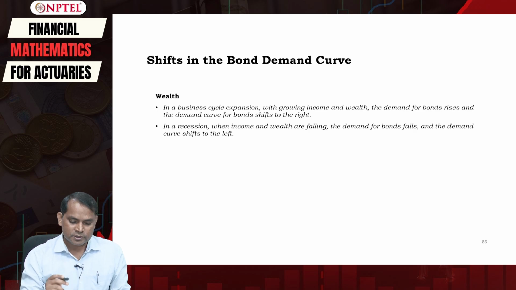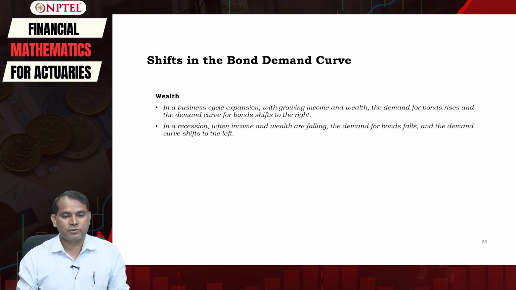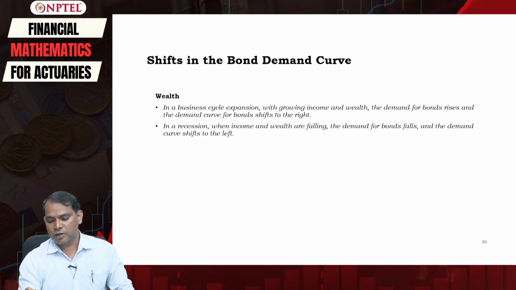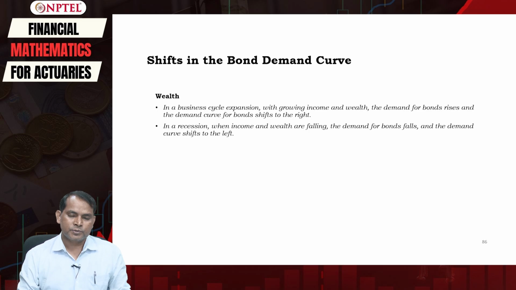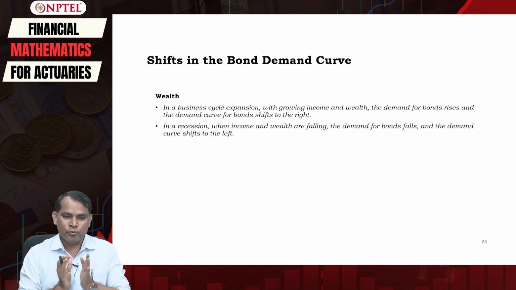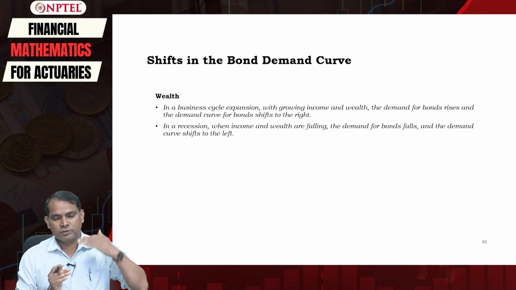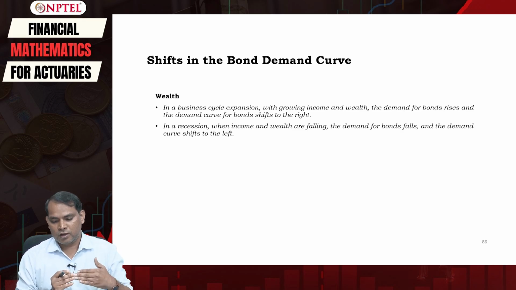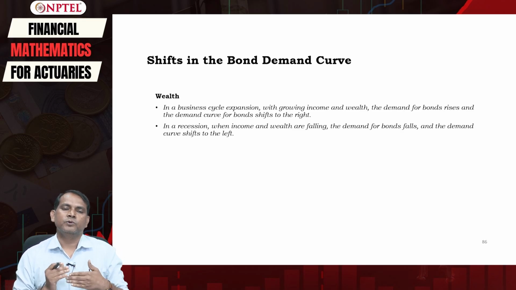So in a business cycle expansion, we are talking about the boom period. With the growing income and wealth, the demand for bonds rises and the demand curve for bonds shifts to the right. So in the boom period, when everything is fine, income is high, and wealth is therefore high, people will demand more bonds.